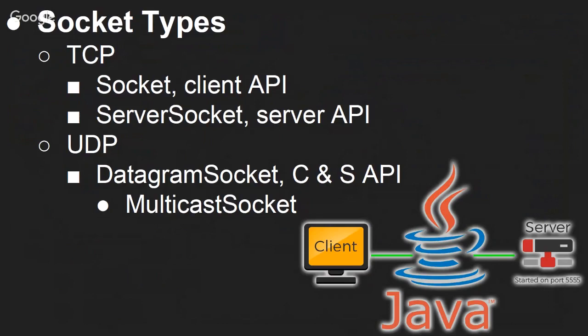With UDP, it's really lightweight because it's not ordering the messages and it's not tracking the connection, so if you send some messages, maybe some will be lost. But it's much quicker than TCP. TCP sends data like a stream.